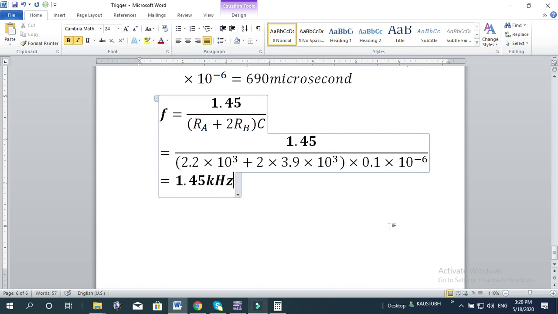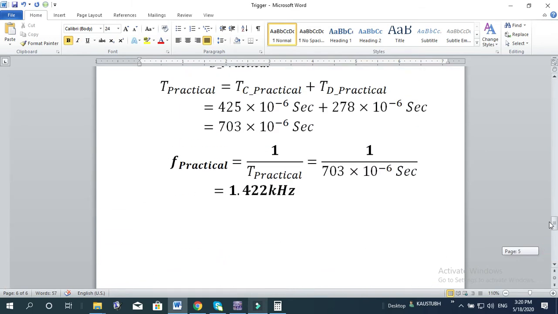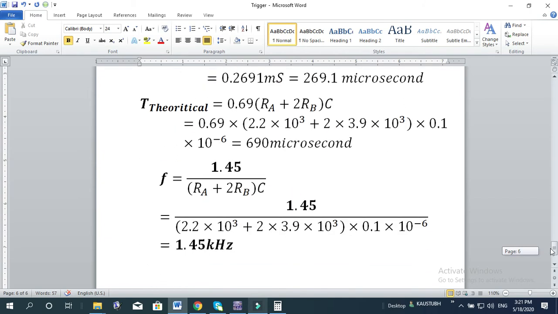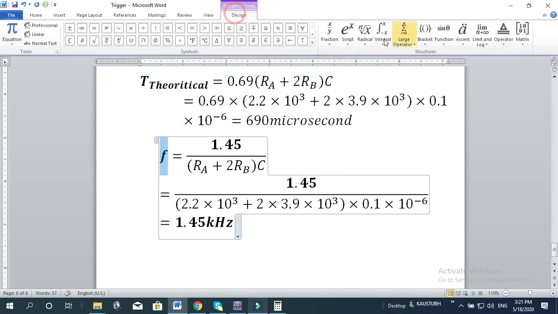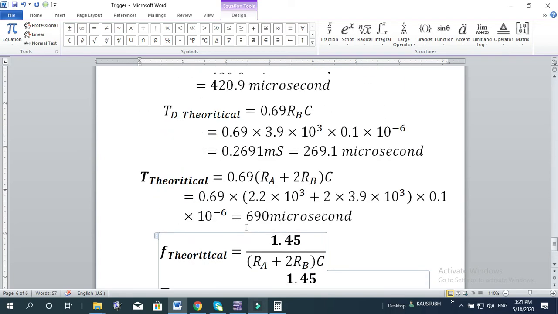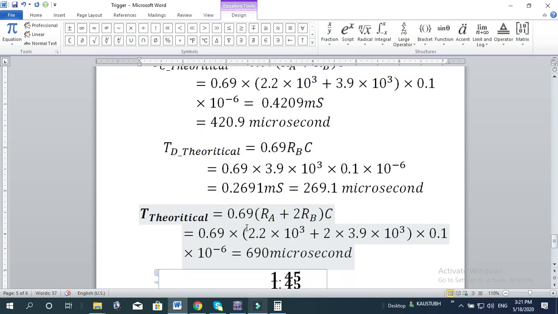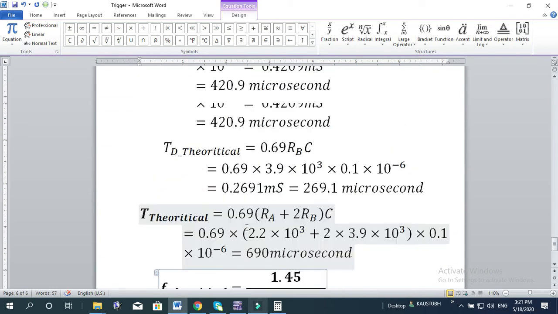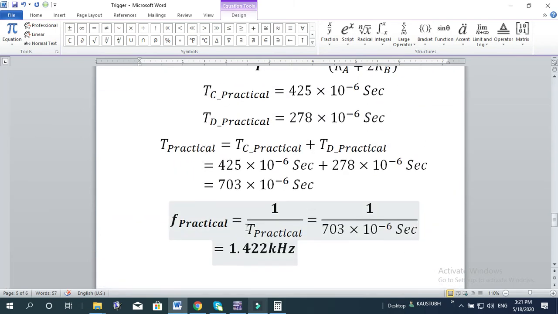Okay, so this is your F. Now see, practically the frequency is 1.422 kilohertz. Here theoretically it is 1.45 kilohertz. So there is a slight difference, hardly 0.3 kilohertz, that is 30 hertz.